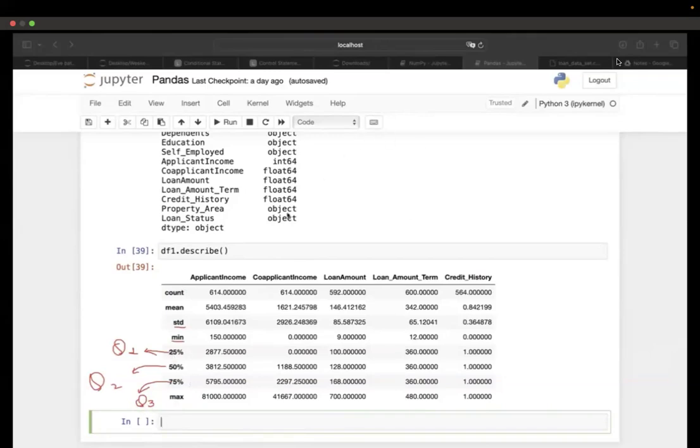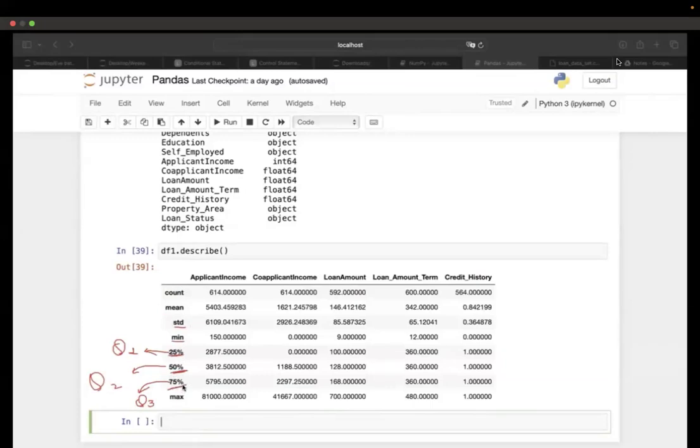25% of the data. So basically, it is sorting your data first, and then calculating the percentile, or percentage, of it, and then assigning it to 25%, then to 50%, then to 75%.